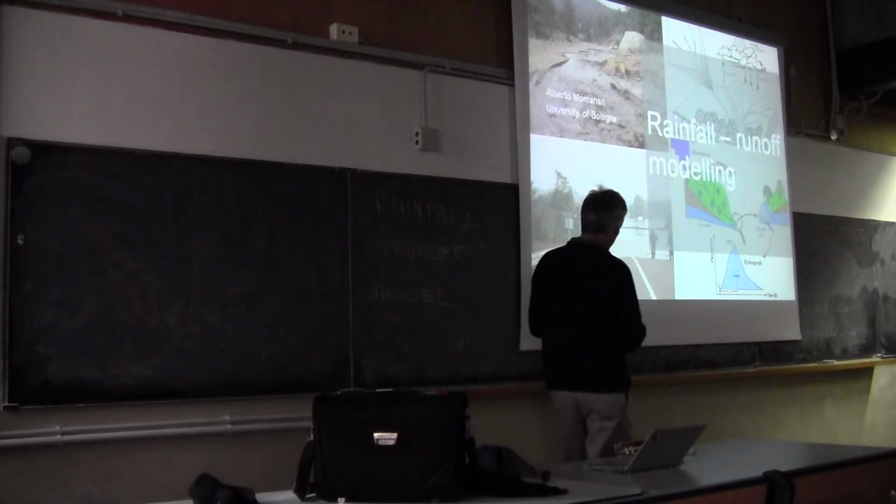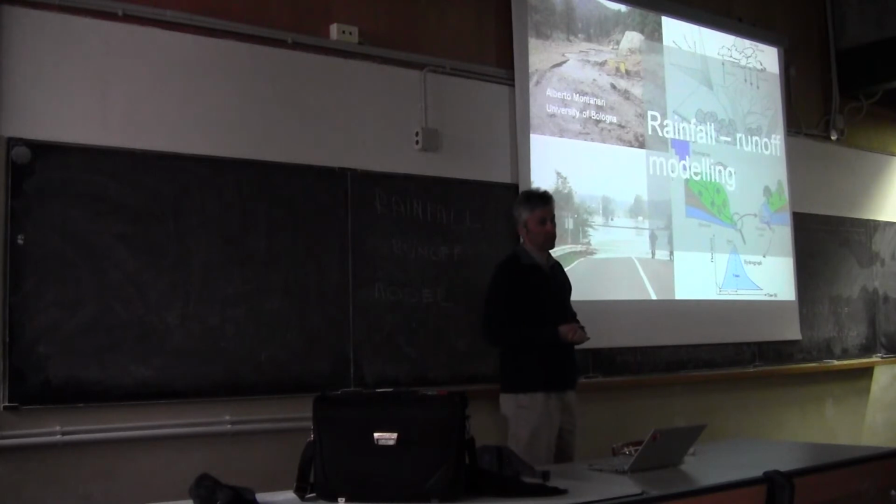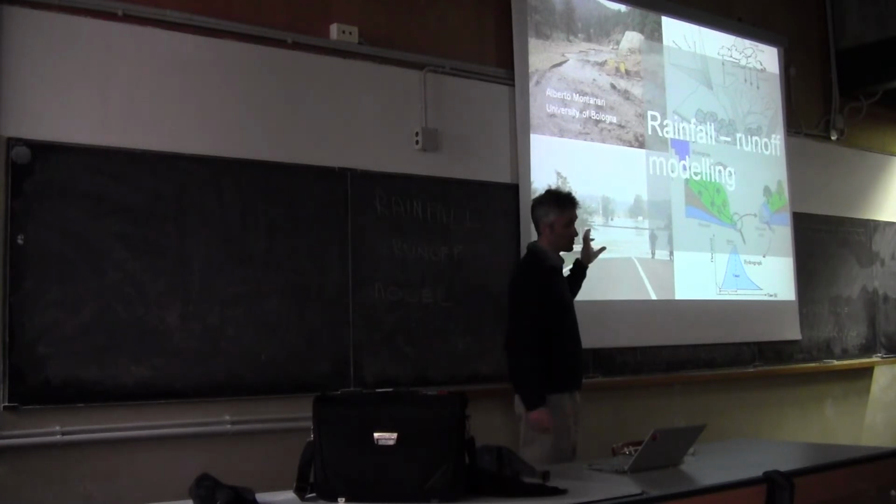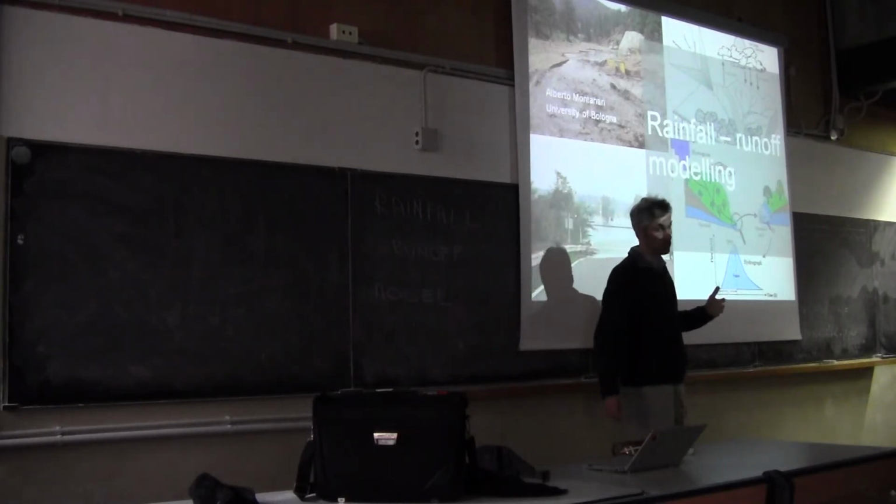So, as I anticipated, rainfall runoff modeling aims to reproduce river flows starting from rainfall. And you also need much more information. You need information on the watershed or catchment.